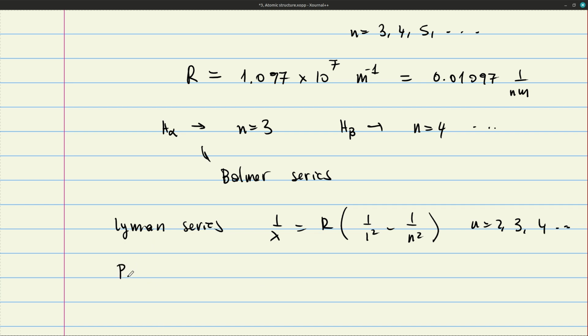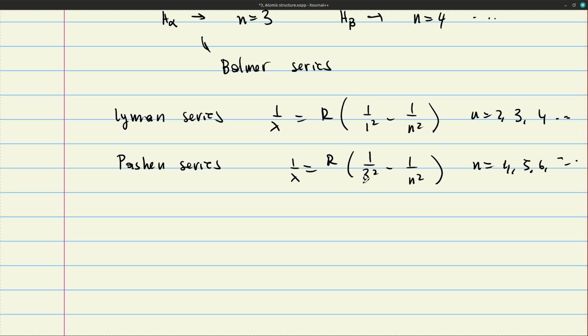There was the Paschen series, 1 over lambda equal to R times (1 over 3 squared minus 1 over n squared), n equal to 4, 5, 6, and so on. There was the Brackett series, where this becomes 4, and there was also the Pfund series, where this 4 becomes 5.